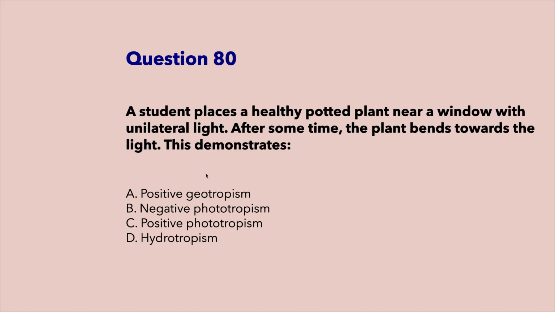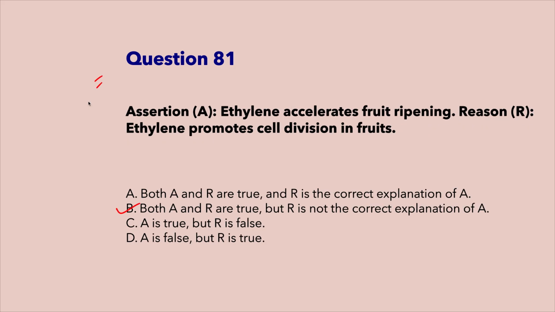A student places a healthy potted plant near a window with unilateral light. After some time, the plant bends towards the light. This demonstrates positive phototropism. Discussing in the next video.